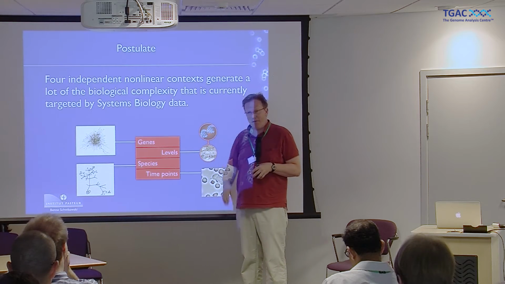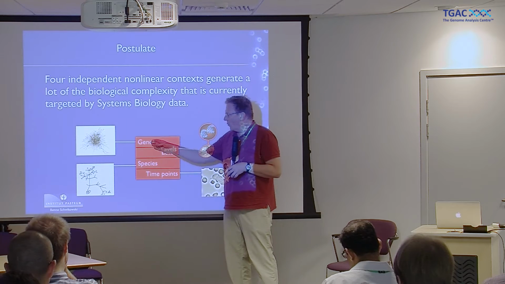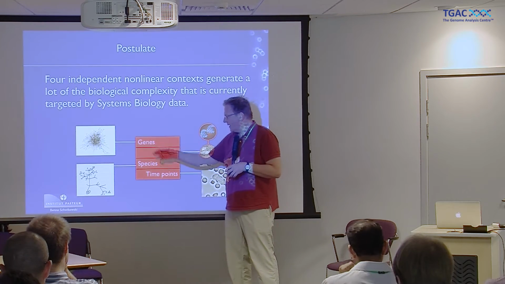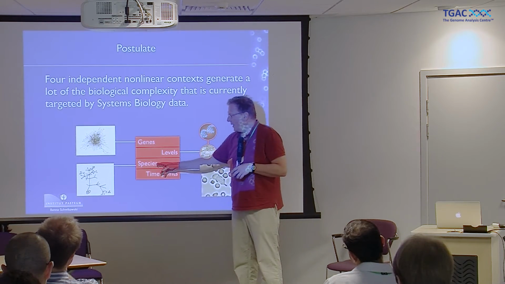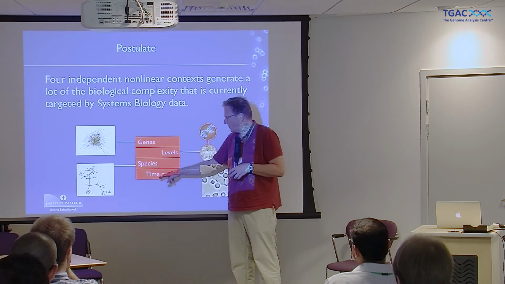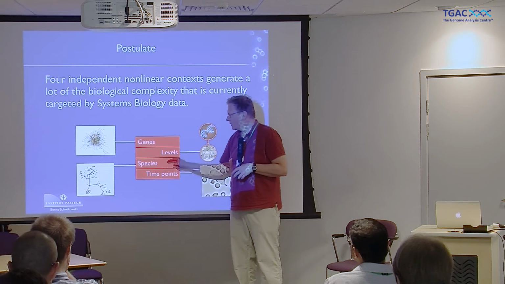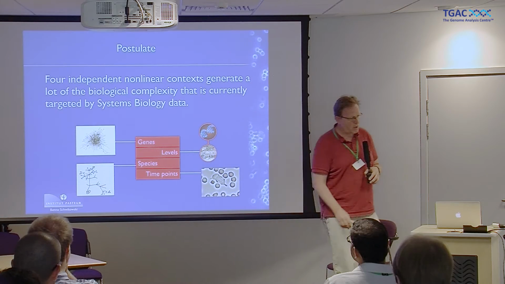It could be on the higher levels a pathway or a cell which plays a role, or which cell type plays a role. Then we have the different species, or also different patients that may or may not be related. And we observe one given system that's configured like this across a particular time point.